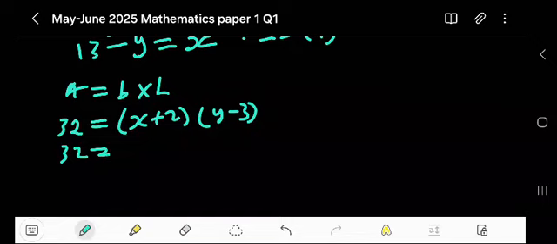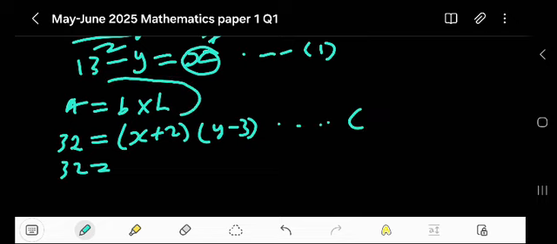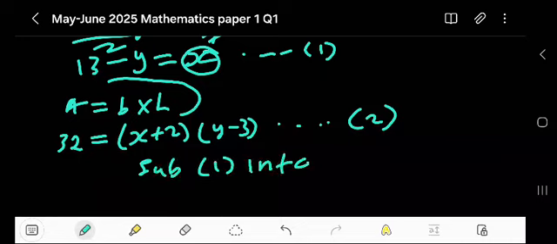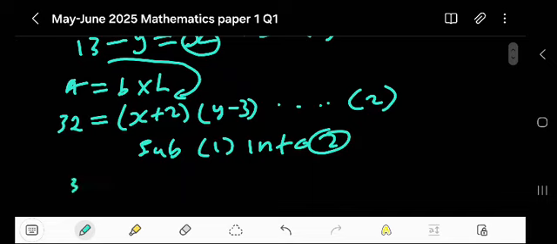But funny thing here, we have that x equals this, right? Can say this is equation 2, then you can tell the examiner: substitute equation 1 into 2. Then you can put that there. So the examiner will see, we'll have 32.